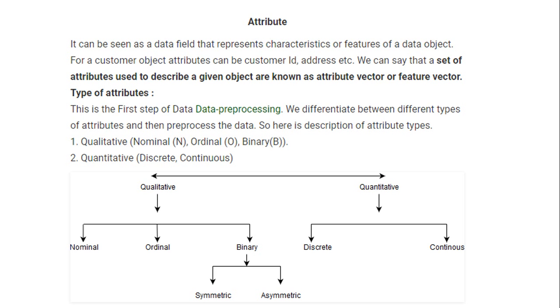A binary attribute is asymmetric if the outcomes of the states are not equally important, such as the positive and negative outcomes of a medical test for HIV. By convention, we code the most important outcome, which is usually the rarest one, by 1, HIV positive, and the other by 0, HIV negative.